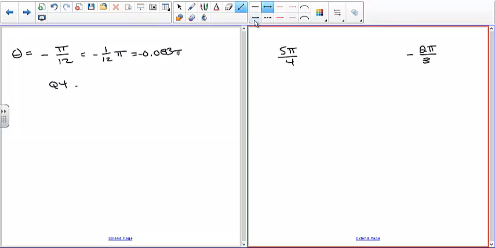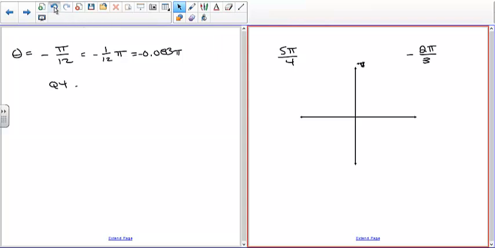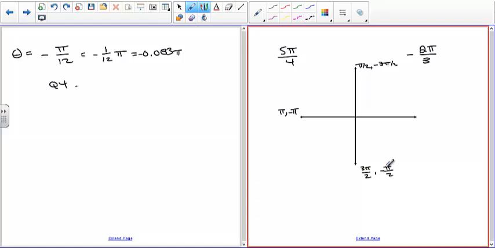To do something in standard position, we have to draw our coordinate axes. And remember, this is pi over 2, or negative 3 pi over 2. This one is positive pi or negative pi. This one is 3 pi over 2 or negative pi over 2. So those are the positive and negative versions. Here we have 5 pi over 4.